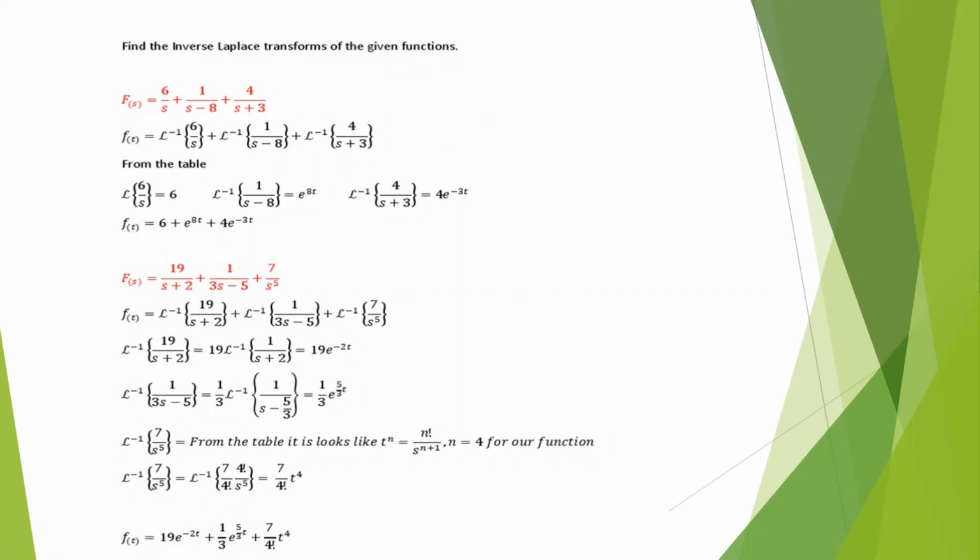Again the linear property of inverse Laplace transformation is applied. If we apply the inverse Laplace operator here, it will be separated over all the terms, like the inverse Laplace transformation of 6 by s plus 1 by s minus a plus 4 divided by s plus 3.